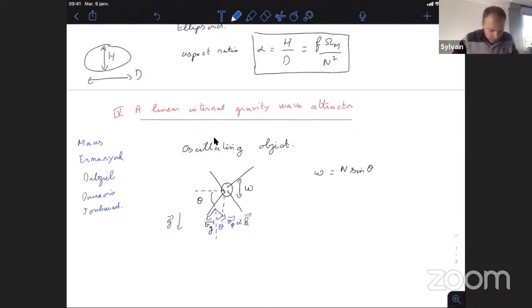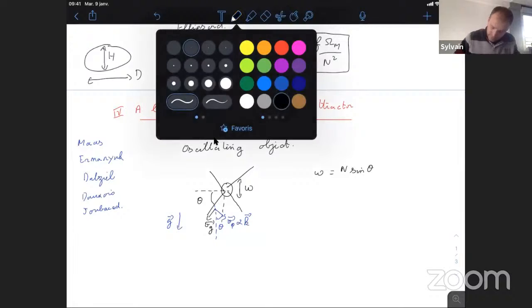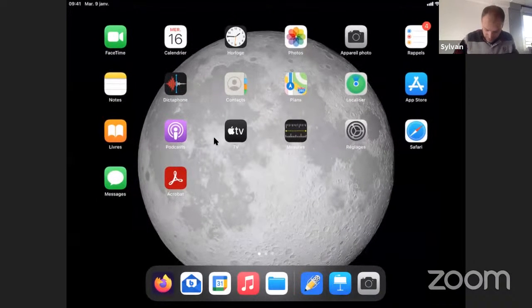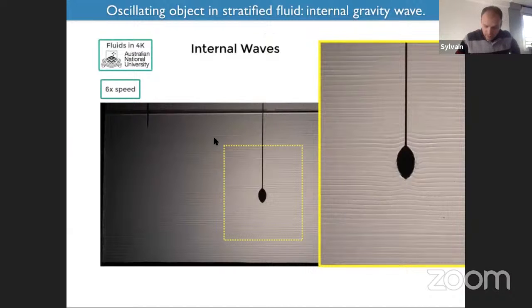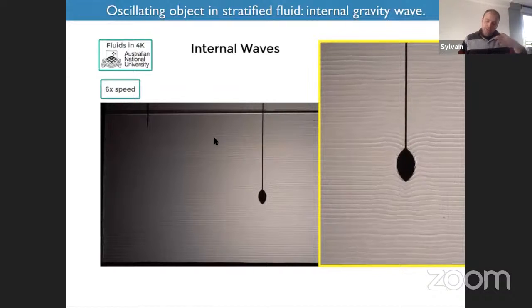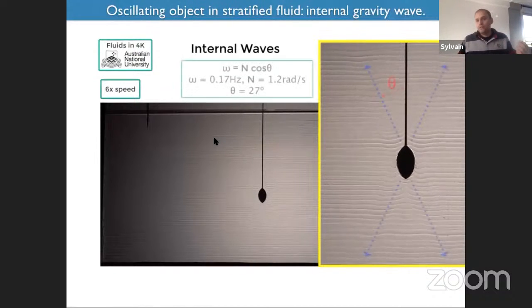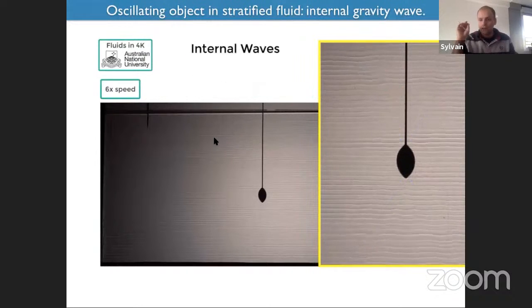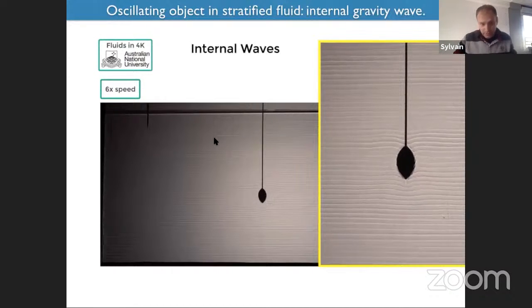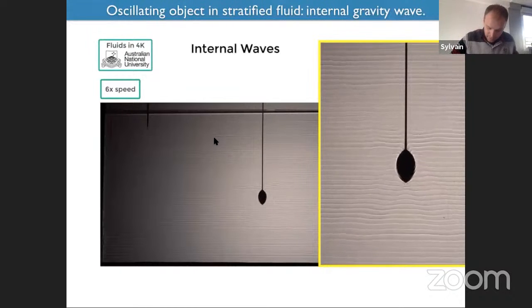If I just come back to the movie, what you see is the motion of the wave field, but you see some perturbation when you look through the tank, and this is because you have variation of the index of refraction. I will come back to this a bit later in this lecture.